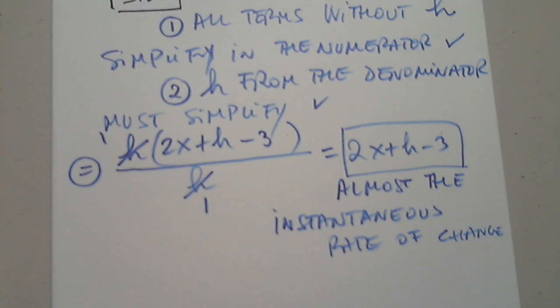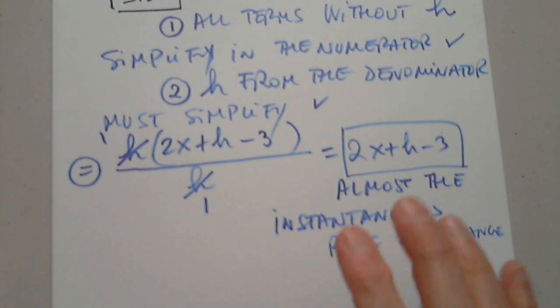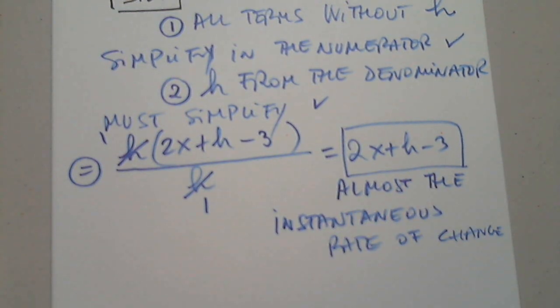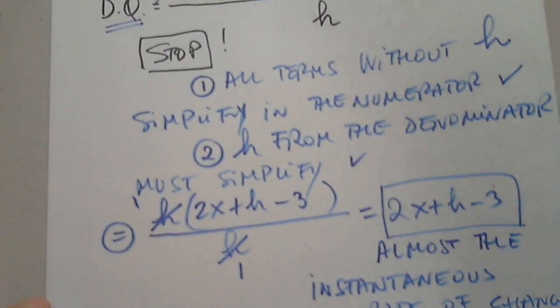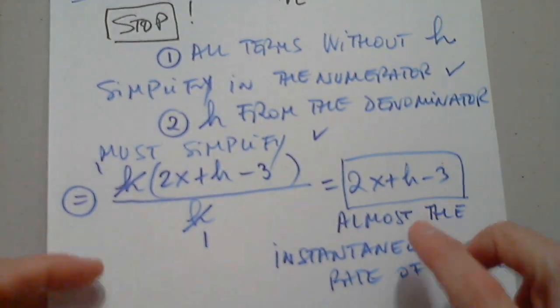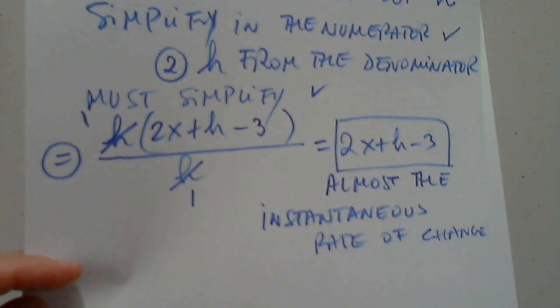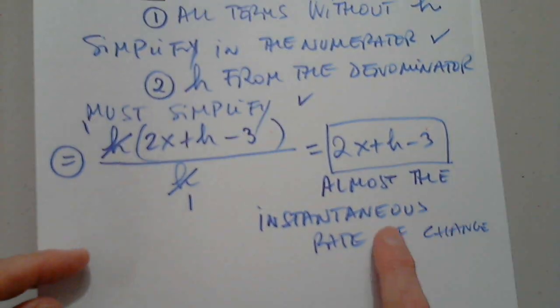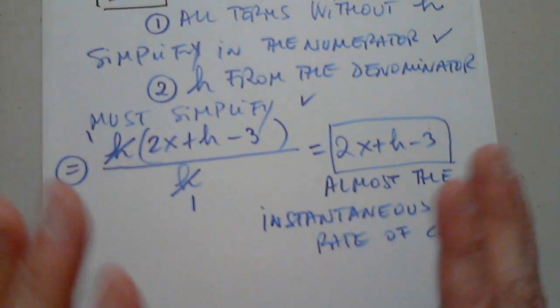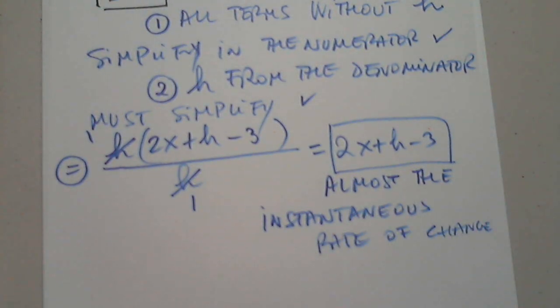Any questions on the difference quotient for this function? You will see what happens with this next. But this is what we have to do to determine the difference quotient. And the use of this will become very clear a little bit later. But this is almost the instantaneous, almost the 55 miles per hour that you asked me about.